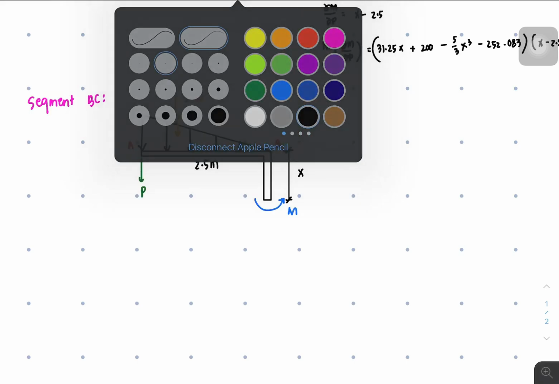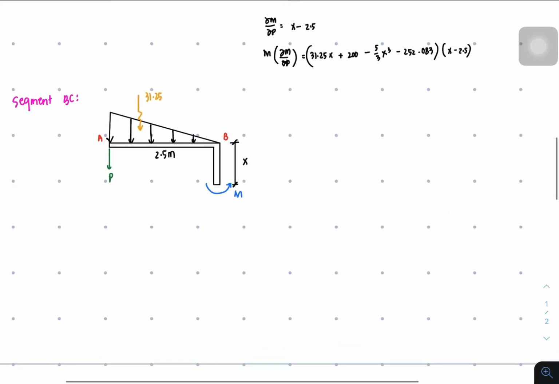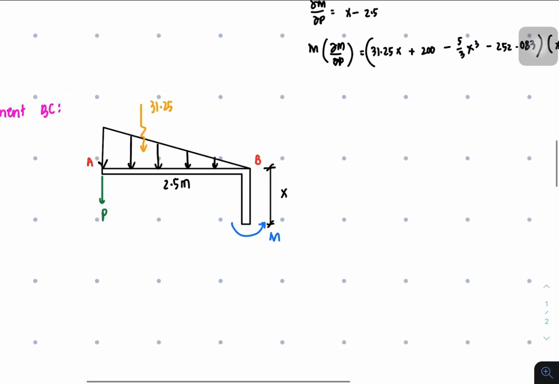So with that, we are going to create now the moment equation at the point of cutting here. So summation of moment at the point of cutting equal to 0, clockwise positive, counterclockwise negative.